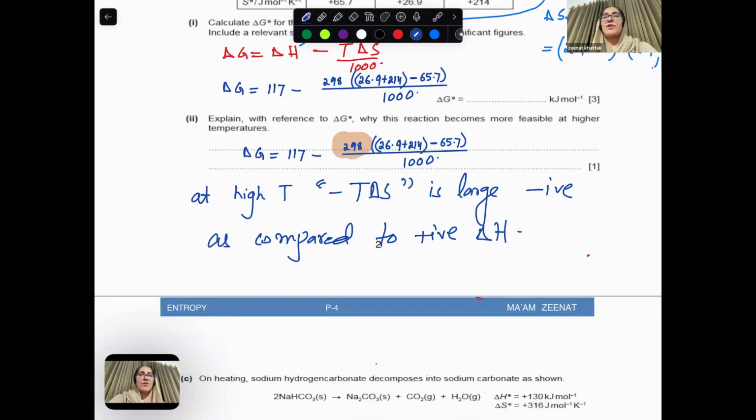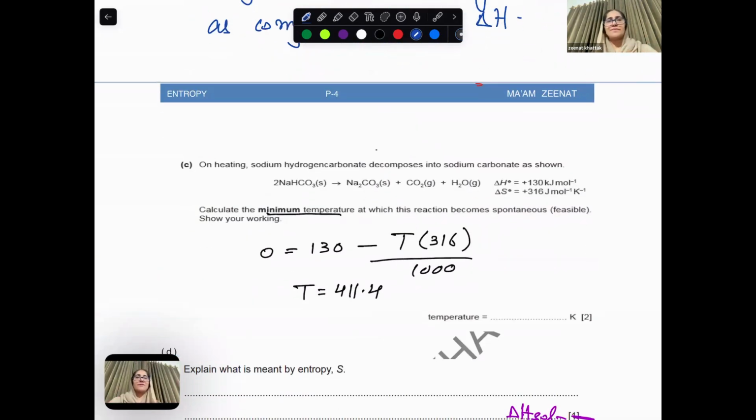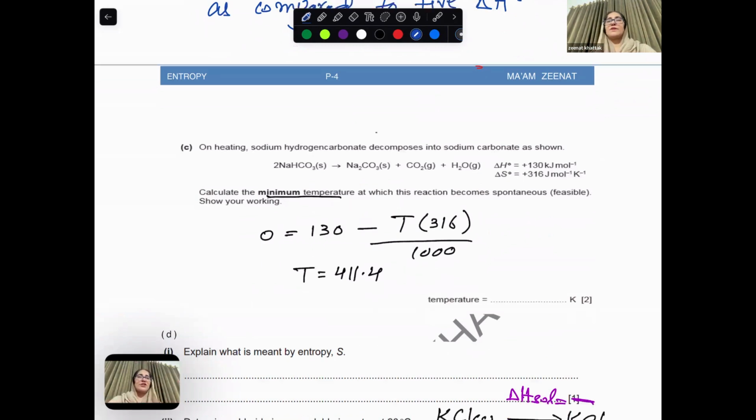So I hope you understand how to calculate delta G, right?